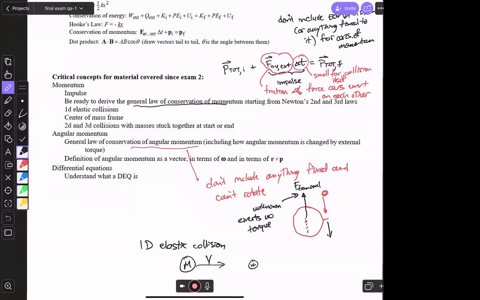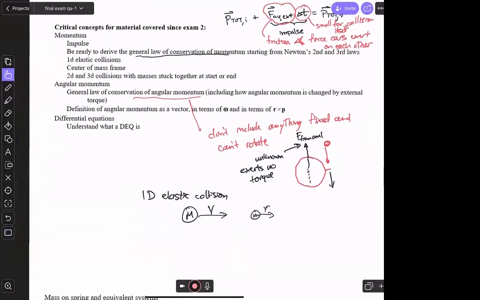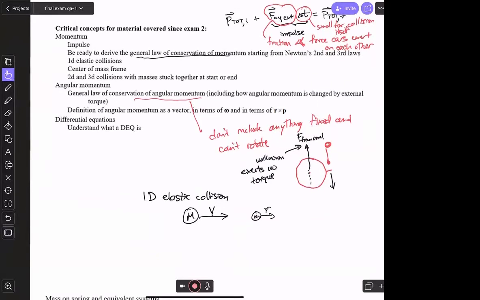It's about to hit some small object like this, and you're just asked to find the final velocities. There, the way that you would combine conservation of energy and conservation of momentum is just to use this equation that we derived in class: the final velocity of either object, let's say this is object 1, this is object 2, the final velocity of object 2 would be twice the velocity of the center of mass minus the initial velocity of object 2.